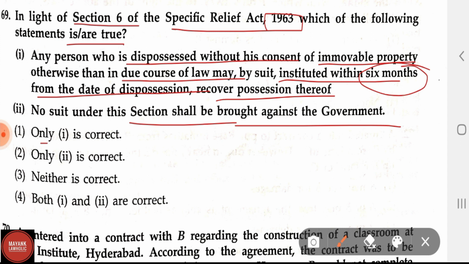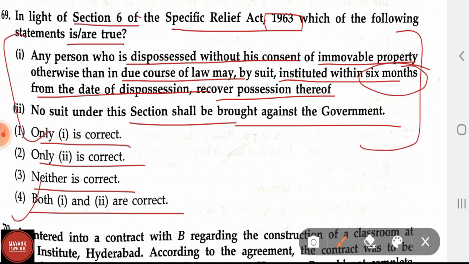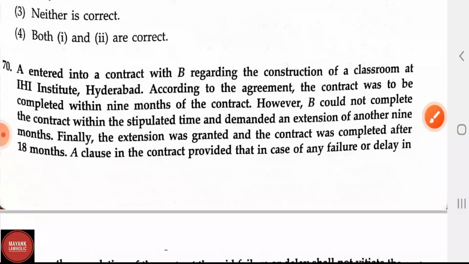Here the options are only one is correct, only second is correct, neither of them is correct, and both first and second are correct. In question number 69, the correct answer is option 4, both first and second are correct. Section 6 of the Specific Relief Act talks about suit by a person dispossessed of immovable property, and both the options are correct here.